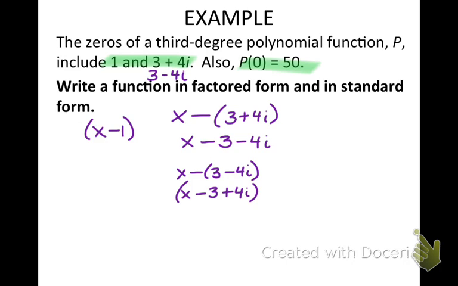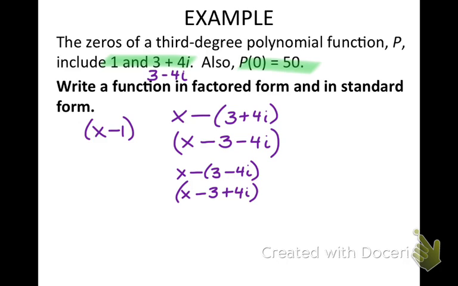So these would be your linear factors right here. Could I just write x minus 3 plus 4i and x minus 3 minus 4i and still get to that? Yes. Just know that technically we're distributing a negative, but as long as you get to this part, you're okay.